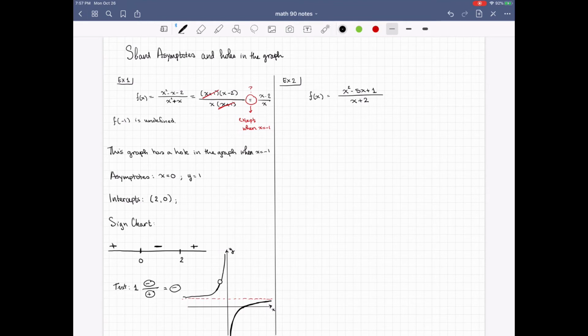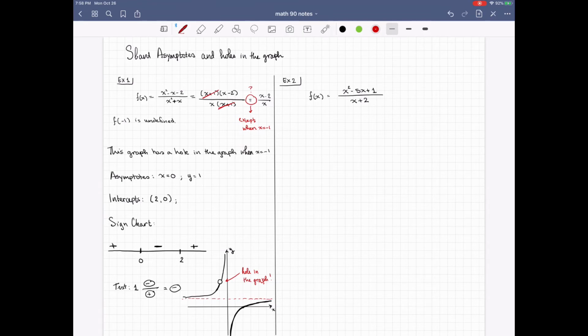Okay, so I'm just going to point that out to you. We have a hole in the graph, and it just happens at the point where this graph would have had an x-coordinate of -1. Okay, so that's what it looks like to have a hole in the graph.